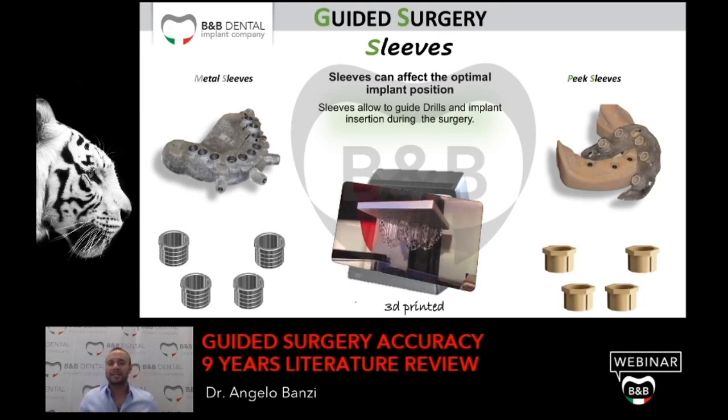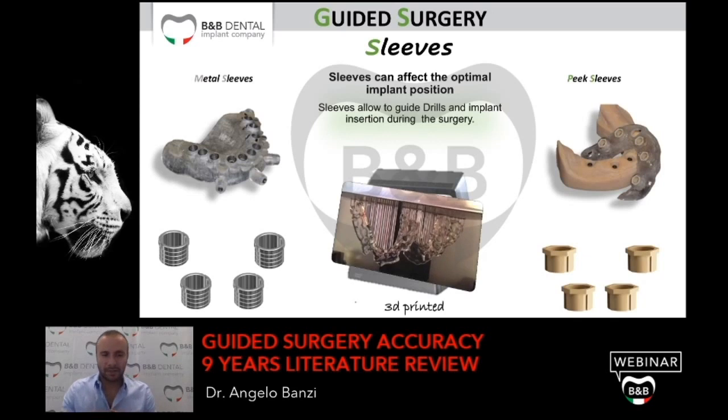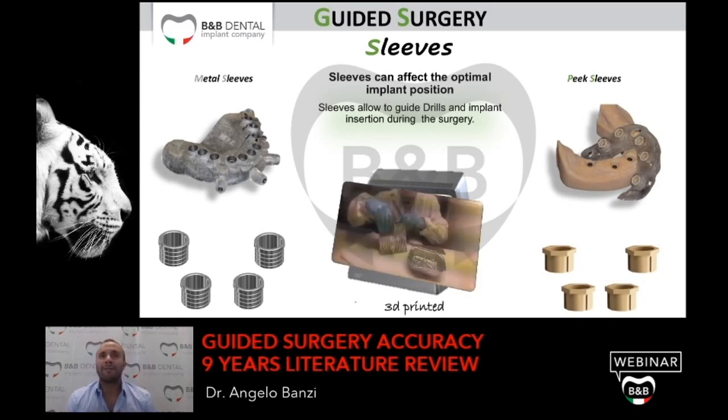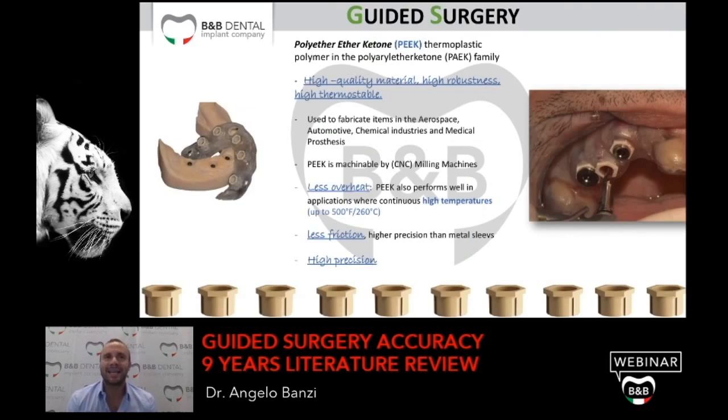Yes, because the metal sleeves have to be kept bigger to avoid the problem of friction. Also, this material has less overheat, and it doesn't burn the soft tissues that touch the sleeves.